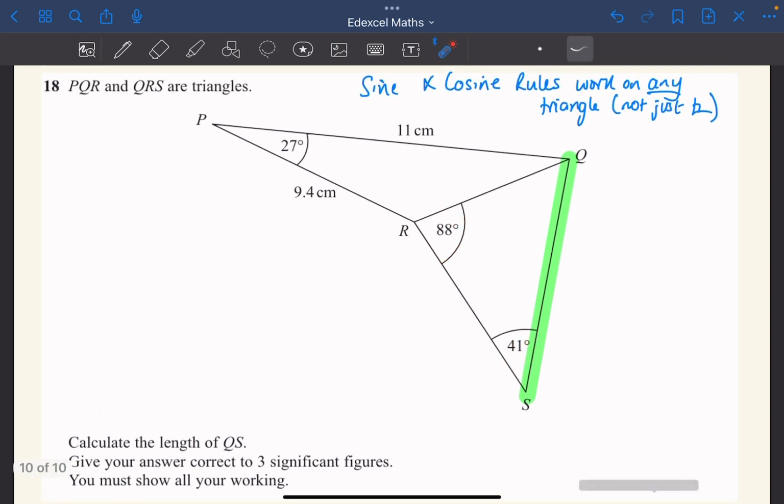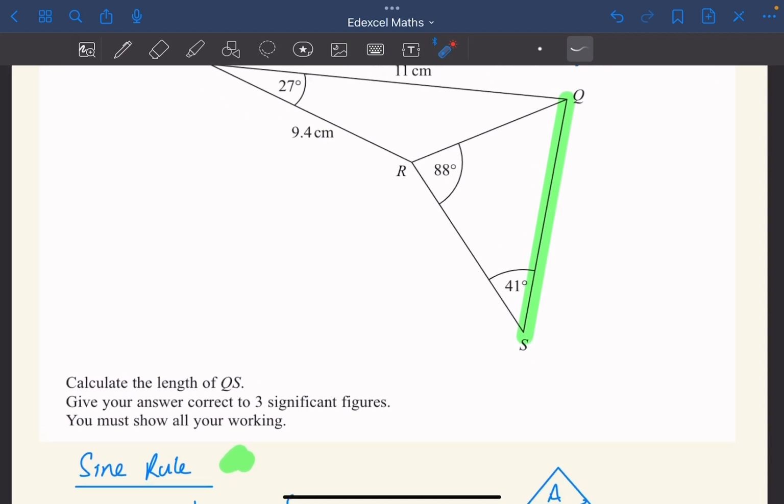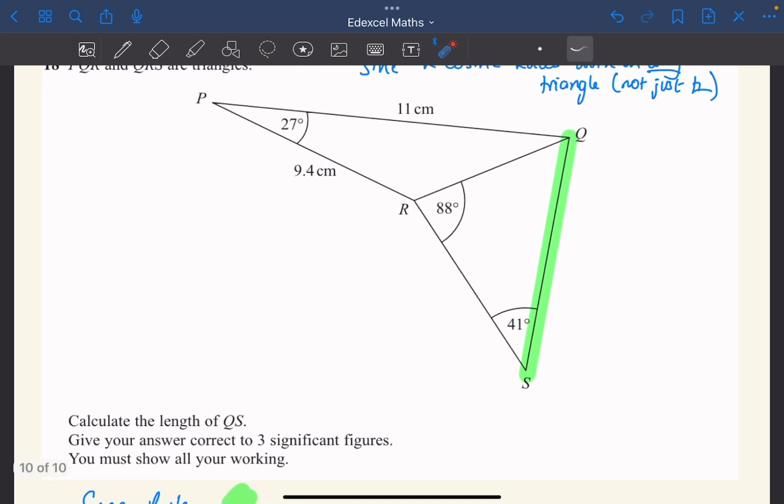Okay, let's work here. Here we've got two sides and an angle in between. So immediately this is showing the cosine rule to me. Why can't we use the sine rule here? Because essentially we want to find out as much as possible about this weird quadrilateral that's given here.